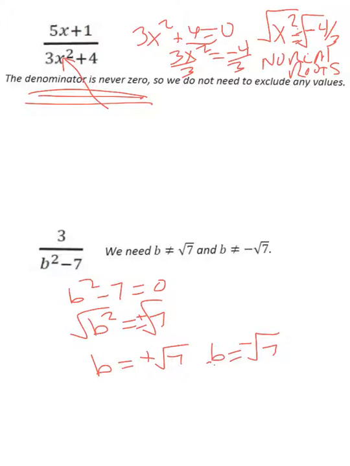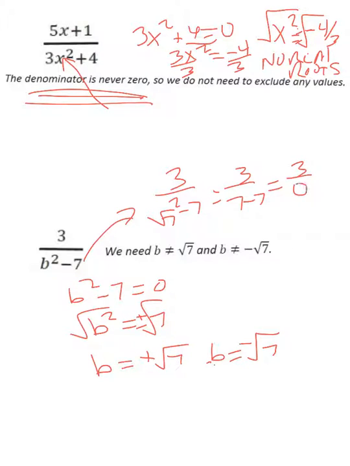So I have exclusions there. If I had a positive square root of 7 and I plugged it in, just to point out here, I would have 3 over, and the square root of 7 being squared minus 7. So that would be 3 over, well, the square root of 7 squared is 7. And 7 minus 7, of course, is 0.